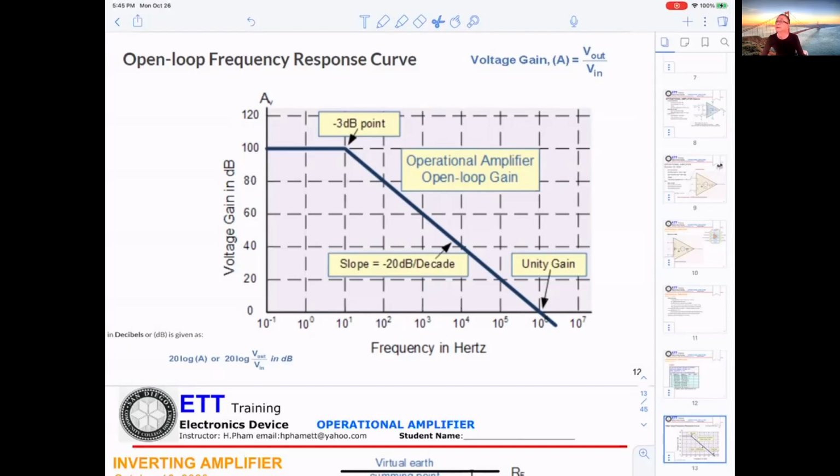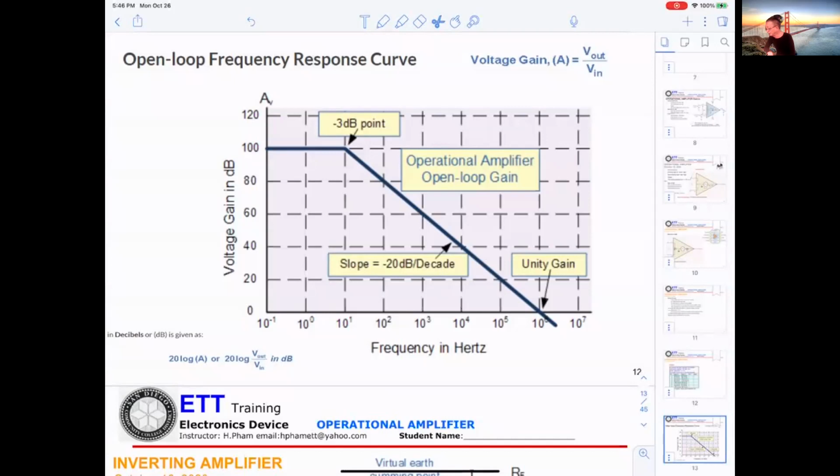That means normally the output of the op amp after the minus 3 dB, they don't want any more output. That will be limited. So if I'm looking in here, the frequency domain will be in hertz.